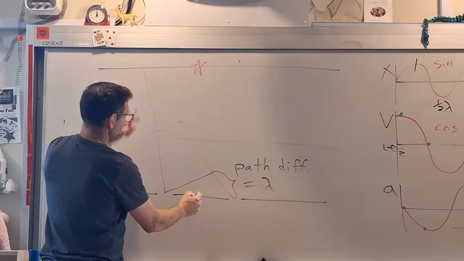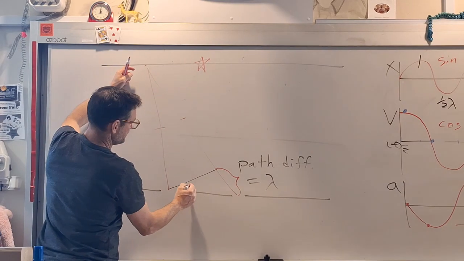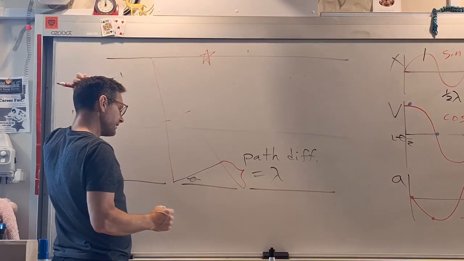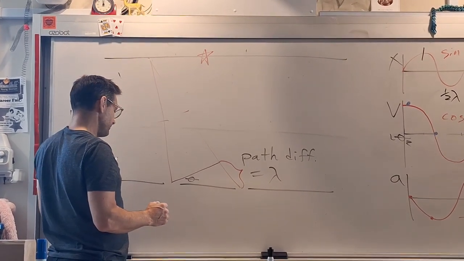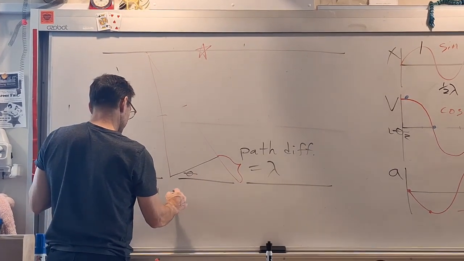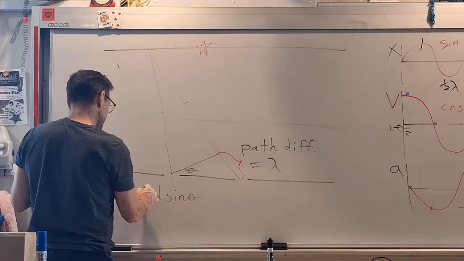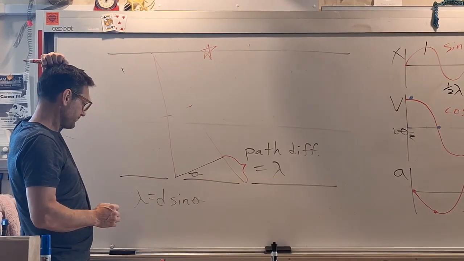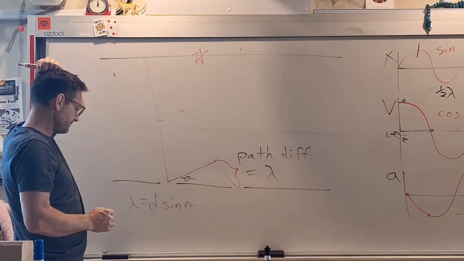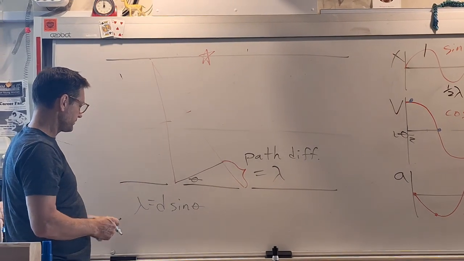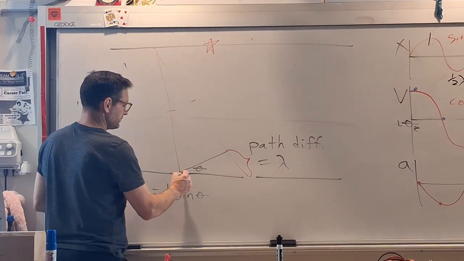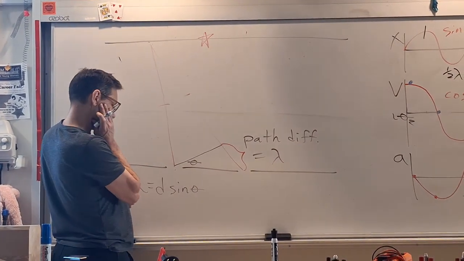And then the theta of this is the theta here, and it was d sine theta. Lambda equals d sine theta, I believe. That makes sense, doesn't it? It'll be n lambda. So you'll keep making maxima when this happens.